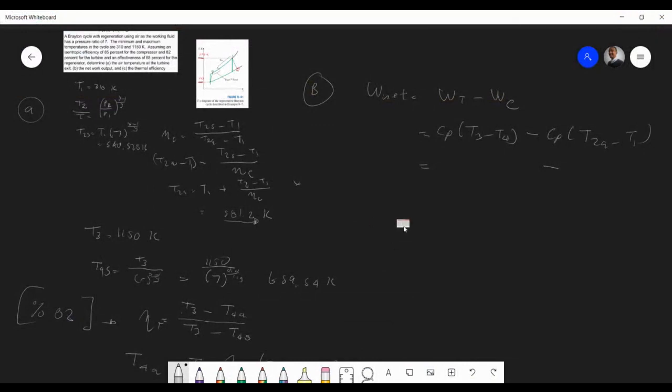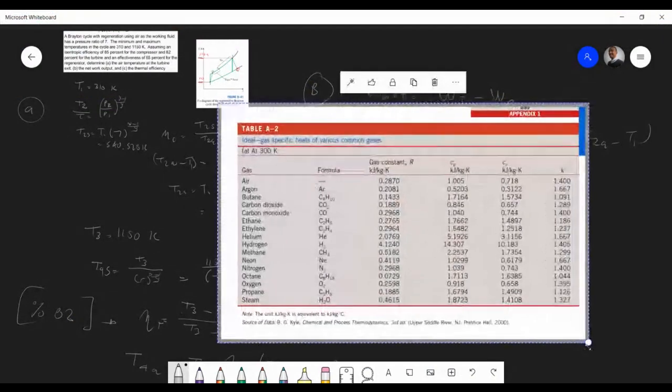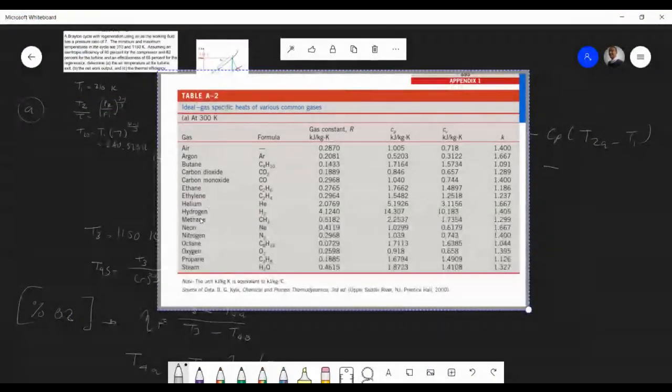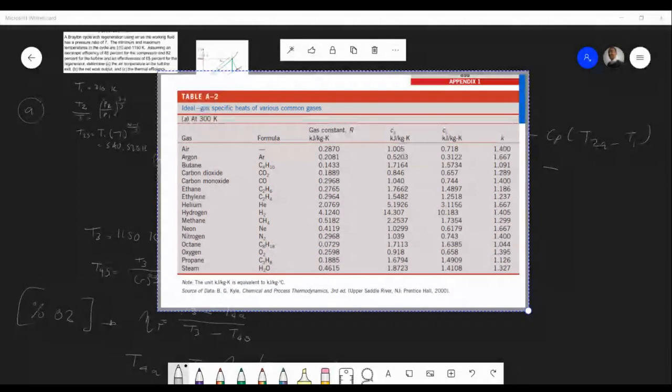Instead of using air, which gas do you want to use here? We're going to use nitrogen. Well, that's exactly the same, so I probably won't give you nitrogen. Actually, I can give you nitrogen, because when you work out your heats, it'll be different. Octane, yeah, octane. So, do you guys get what I'm talking about here with constant specific heats analysis? Do you understand what I can ask you?